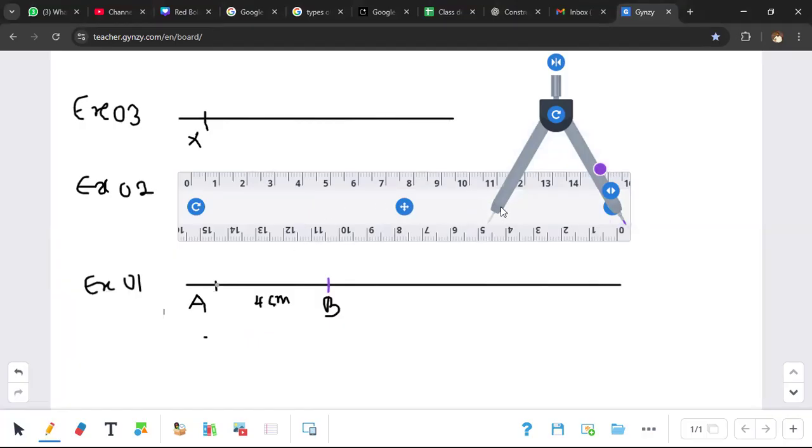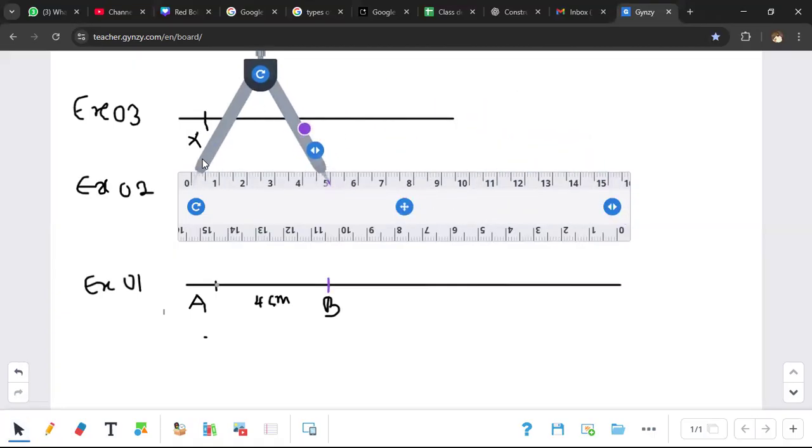And then 6 centimeters. So I have to place my compass on the point 0. Then I have to take the length 6 centimeters up, like this.